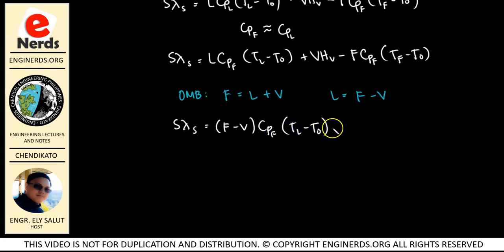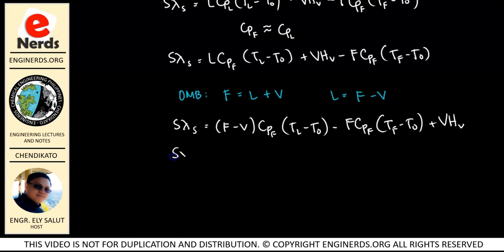Okay? Minus, we have VHV, but I'm going to put this first para maipagtabi natin yung ating F, no? So, I will have here F CPF, TF minus TO, then our plus VHV. Okay? So, distributive property tayo dito, no?